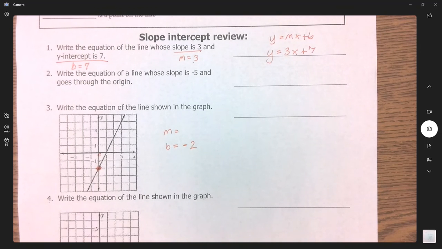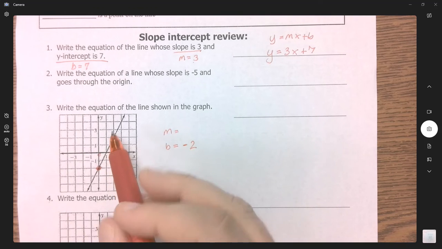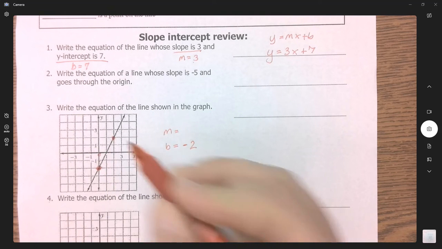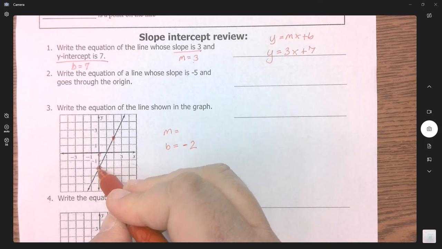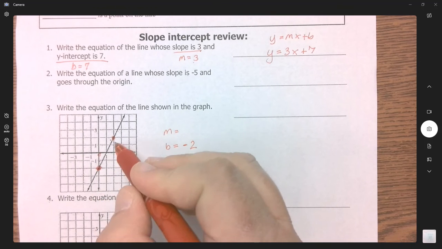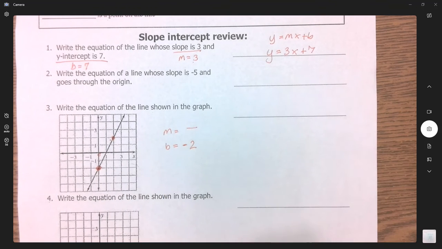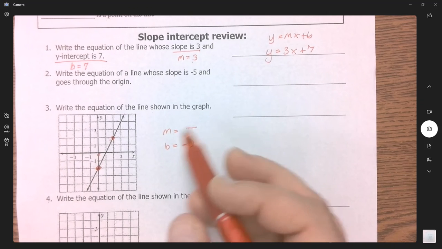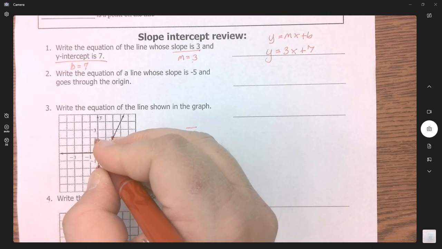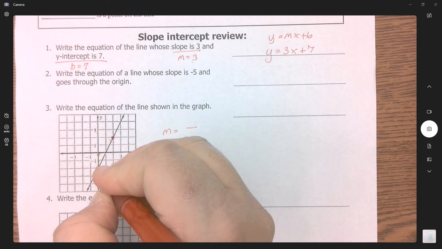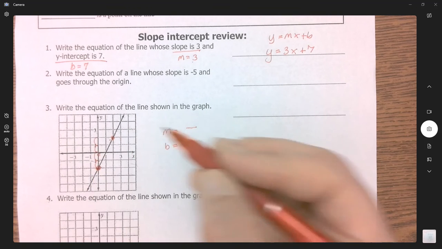For our slope, we need 2 points. I can use the point I just found. I'm going to follow this up until I find a good spot where it intersects. Then I'm going to go from the left to the right, always left to right, and find my rise and my run. Draw a little line here, and then I'm going to count my rise, which could be up or down. In this case, it's up. 1, 2, 3, 4.